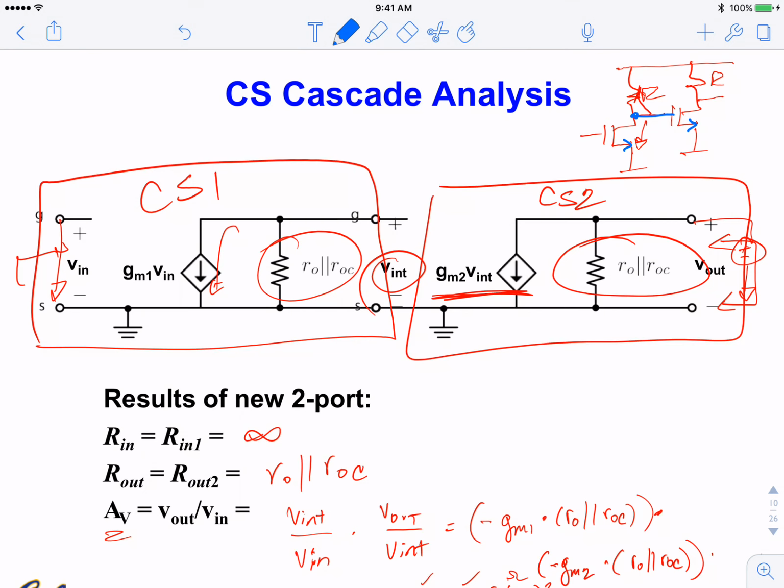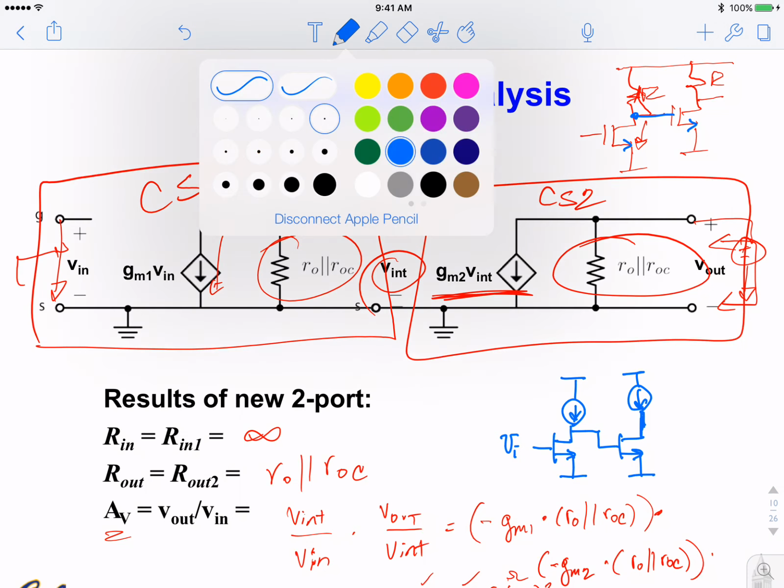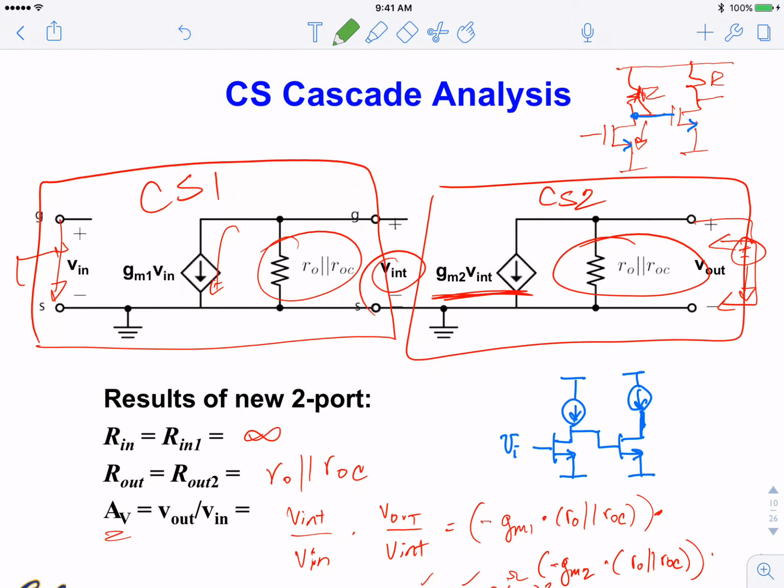If we look at ideal biasing, we have current source biasing here. Here is the input, and this goes to another stage, assuming we have another current source to bias it. The Miller effect is indeed a problem here.